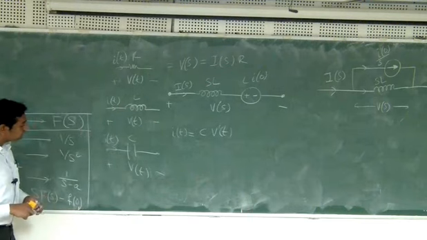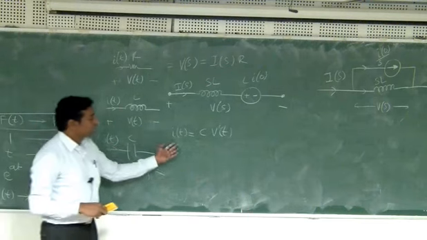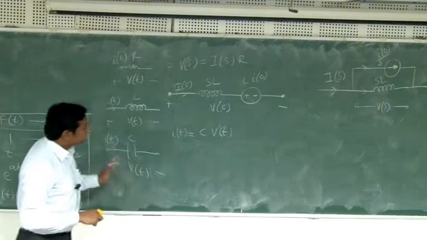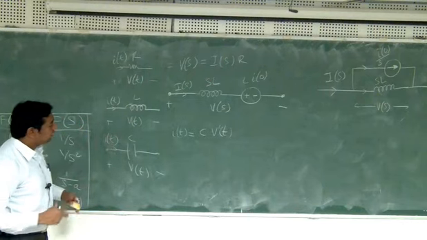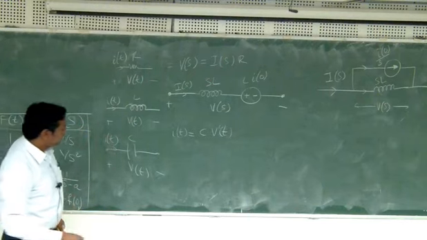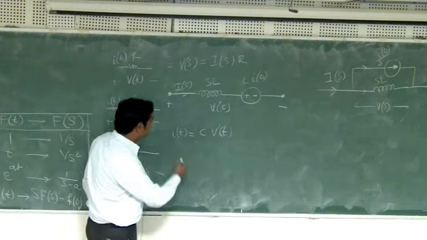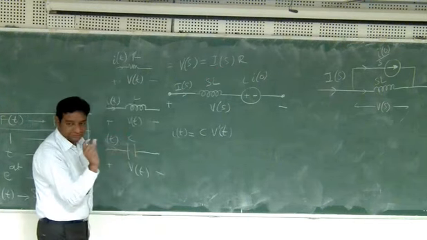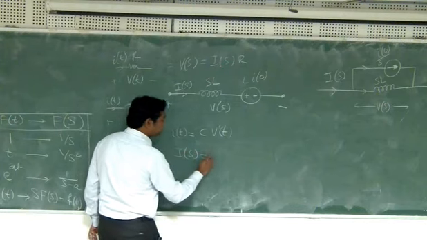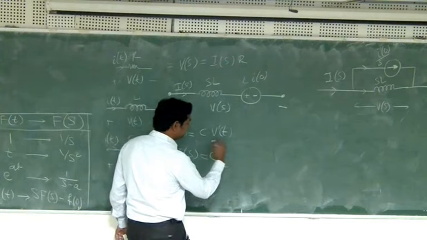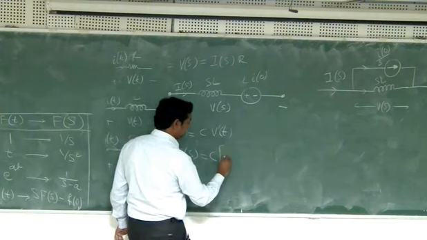Now when you apply Laplace transform, the same thing happens. So instead of rewriting everything, I'll directly write, it's just the same thing with just change of variables. So I of S equal to C into, what is the Laplace transform of this?